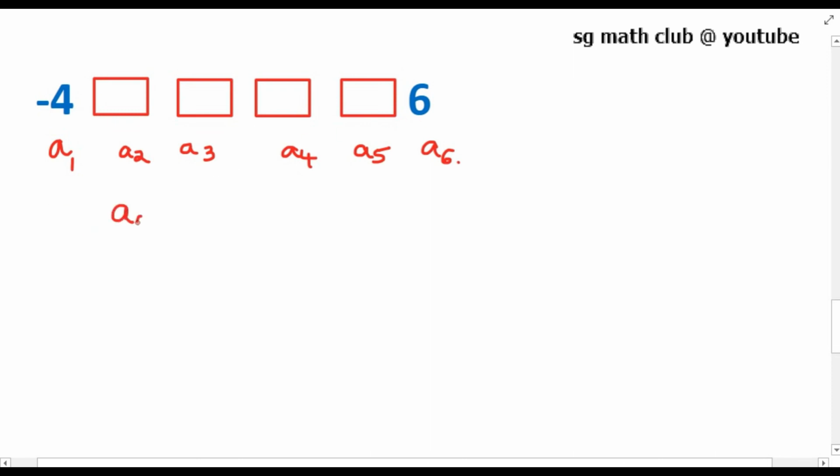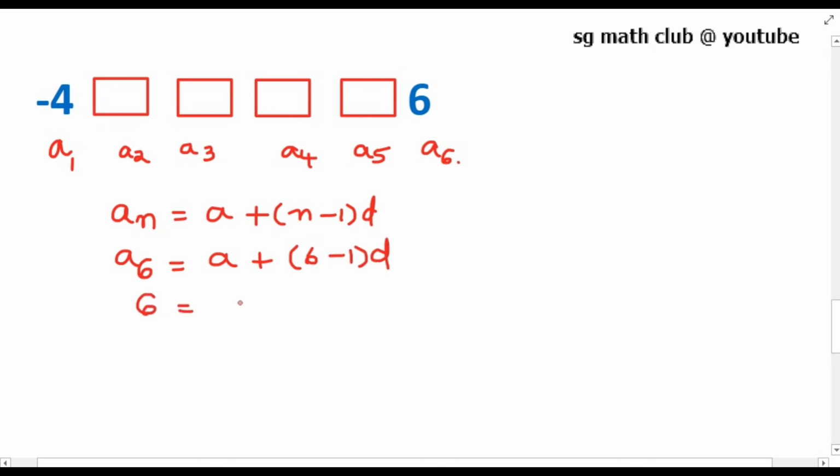So I know the general formula a_n equal to a plus (n minus 1) into d. So the sixth term is a plus (6 minus 1) into d. Sixth term is 6 and first term is minus 4. 6 minus 1 is 5d.